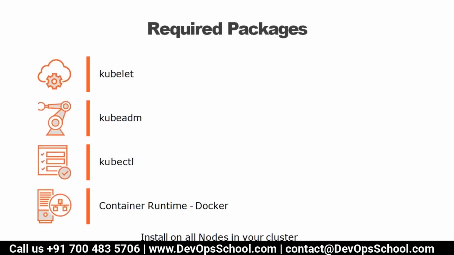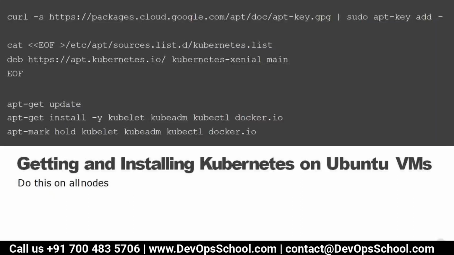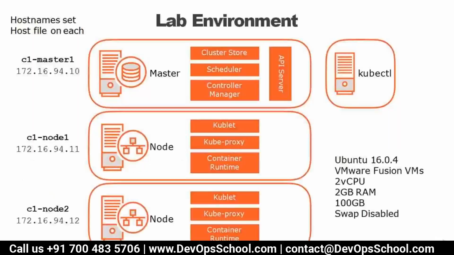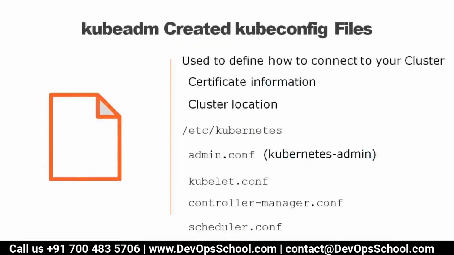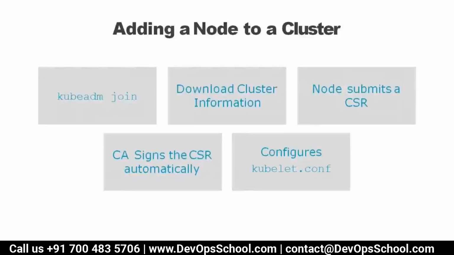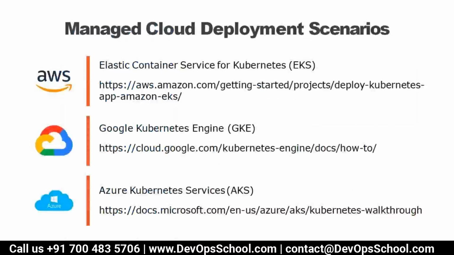Kubeadm is a manual way to set up a Kubernetes cluster. kubectl is the way humans connect to the API server. So these are the manual installation things, and I would like to skip them. I'm not getting into the manual installation too much because we are not using it anyway.